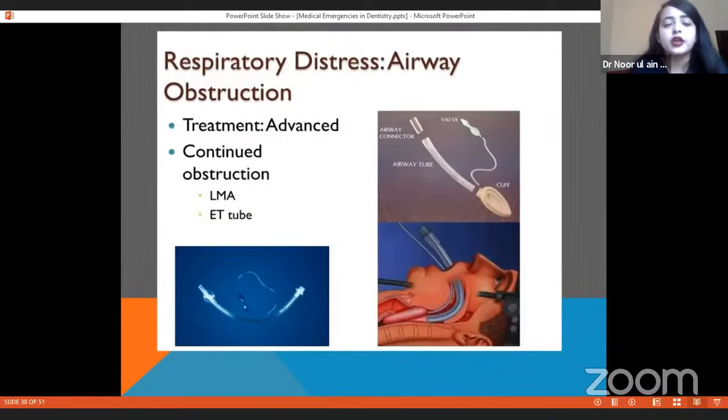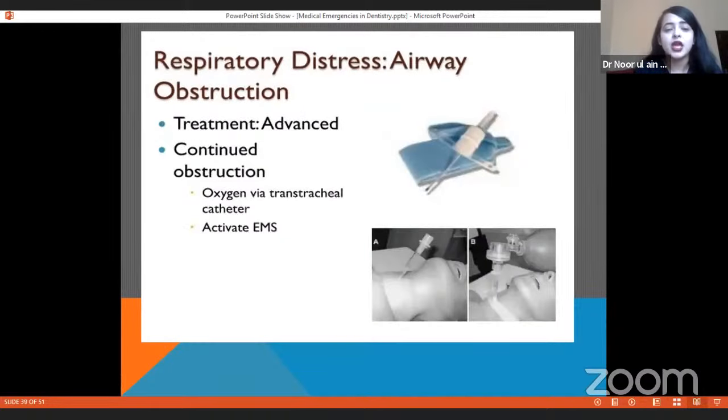Treatment here for advanced stages continues: continued obstruction, endotracheal tube or laryngopharyngeal tube. These are given for the patient to maintain the airway. In advanced stages, if the obstruction is still there, oxygen via transtracheal catheter is given. Activate EMS, emergency medical service.